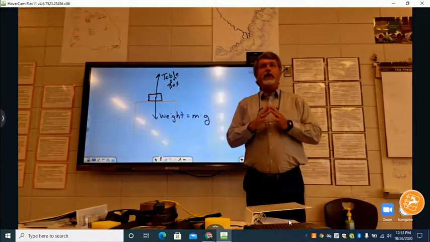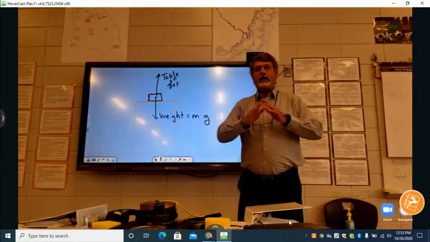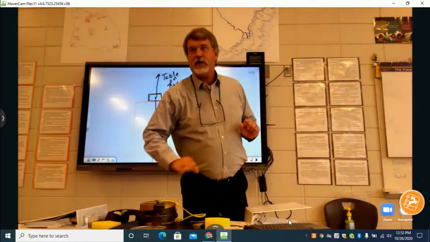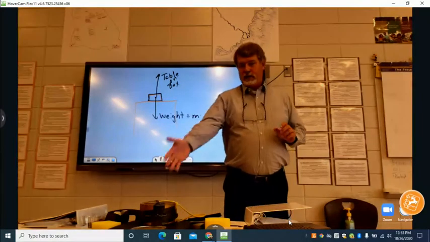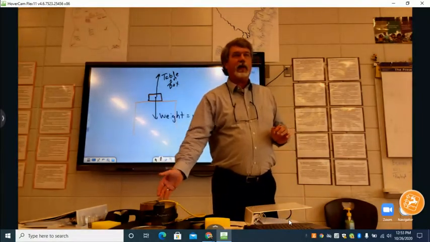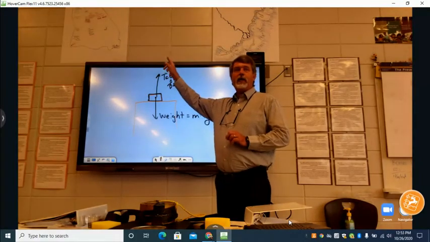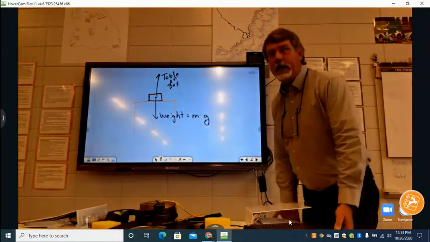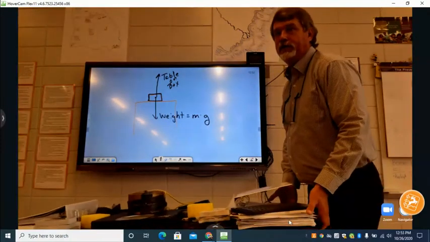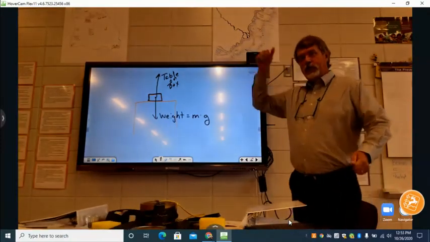Yes? If those are equal but opposite, then the weight stays as it is. Is that true for this situation right now? Is this staying as it is? Is it moving up or down? No, it's good. So the weight must equal the force of the table pushing up. If the table pushes harder than the weight, then the weight will start to move up.